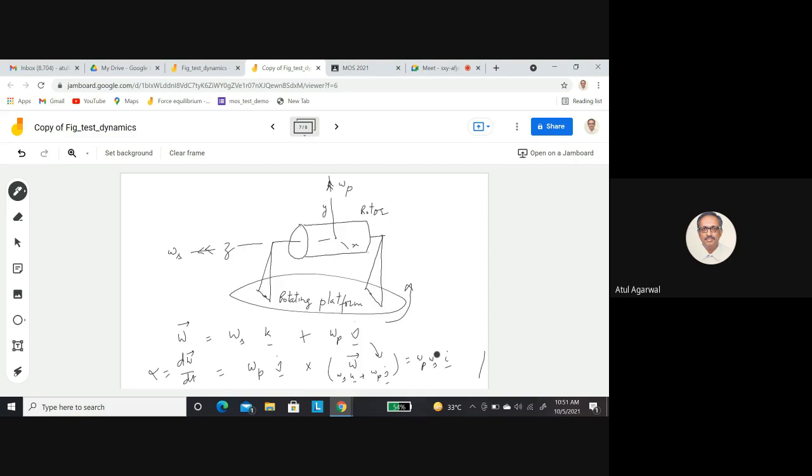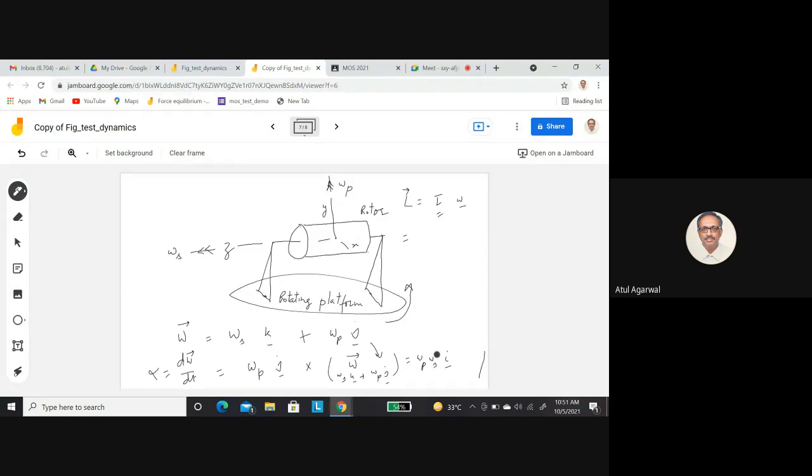Similarly, you can find the angular momentum of this rotor, so that you use this relation I omega. And you see now your coordinate system is fixed to the rotor, so your Ixx, Iyy, Izz are not changing, even though this rotor is rotating about the y axis and also spinning about the z axis.